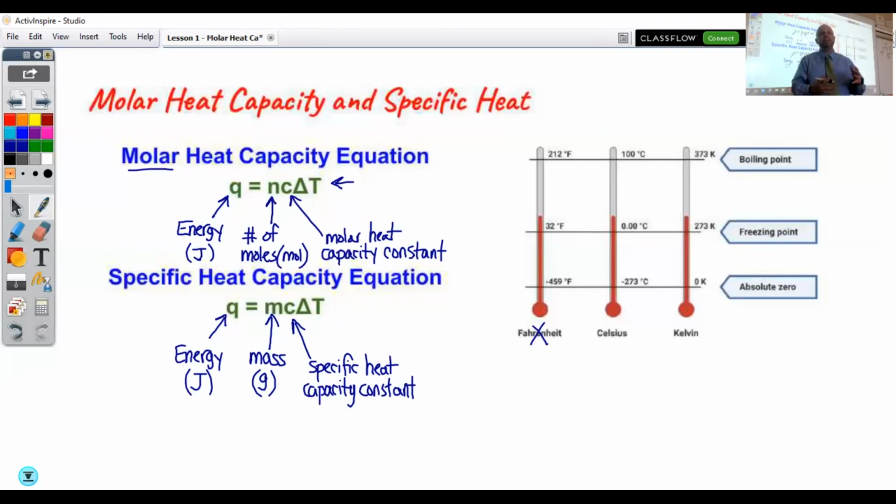So delta T is going to mean change in temperature. So for the first equation, we're going to measure change in temperature in units of Kelvin. For the second equation, we're going to measure change in temperature in units of Celsius.